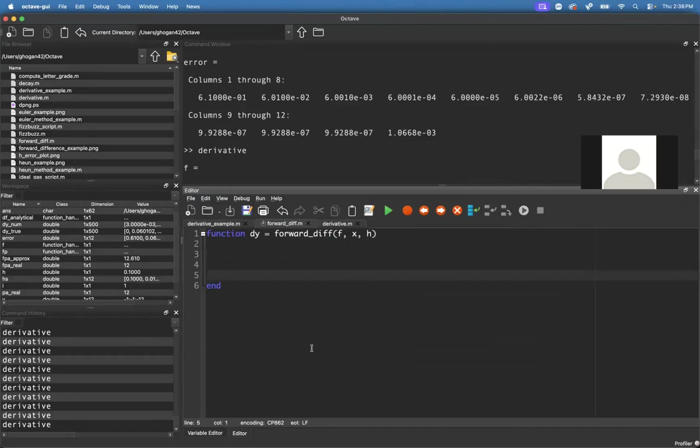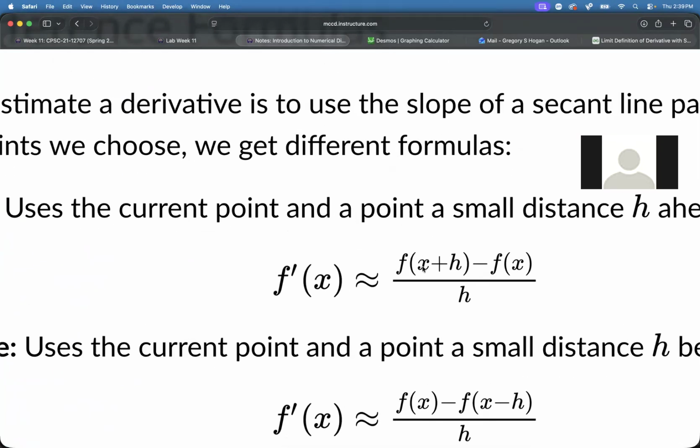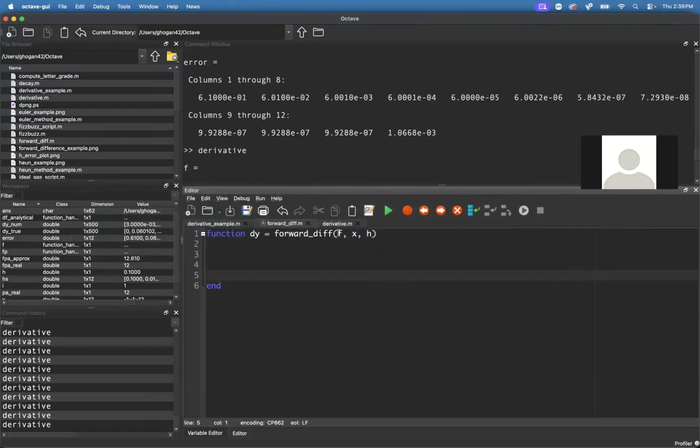If we wanted to calculate a forward difference, what do we need? We need an f, an x, and an h. Those are the inputs to our function. The output is the derivative, which we're calling dy here.